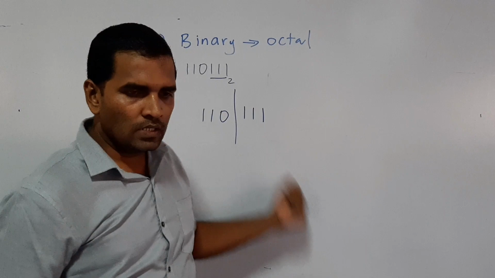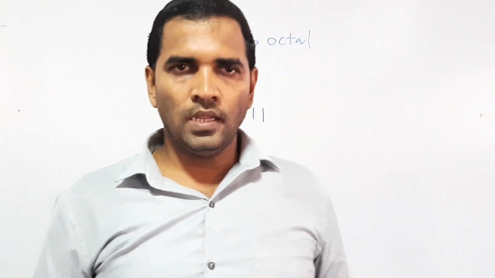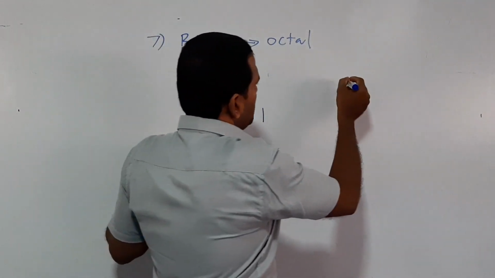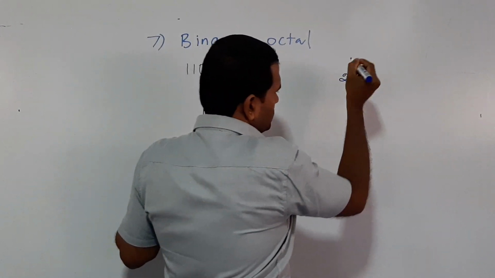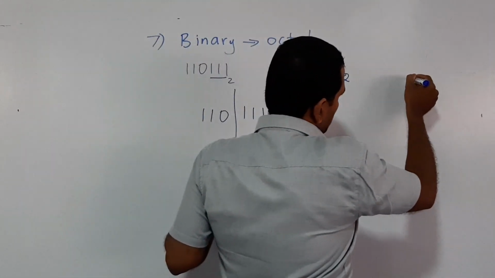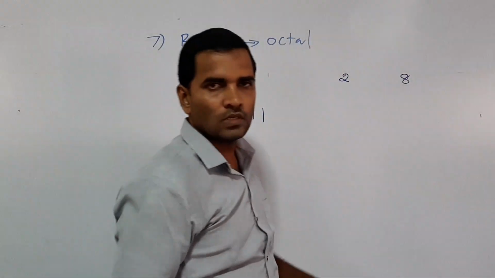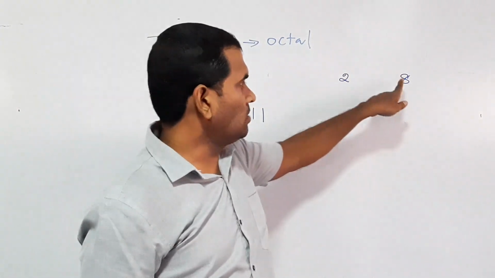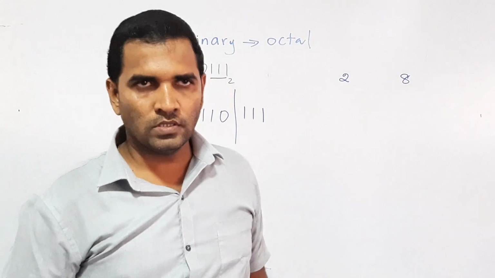So here there is a reason for making groups and having 3 bits in every group. We all know the base of a binary number is 2. The base of an octal number is 8. So we have base 2 for binary and base 8 for octal.